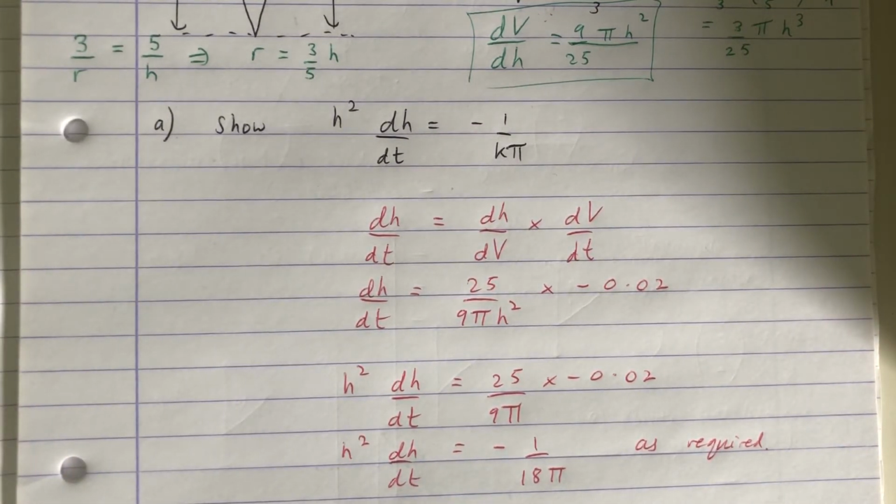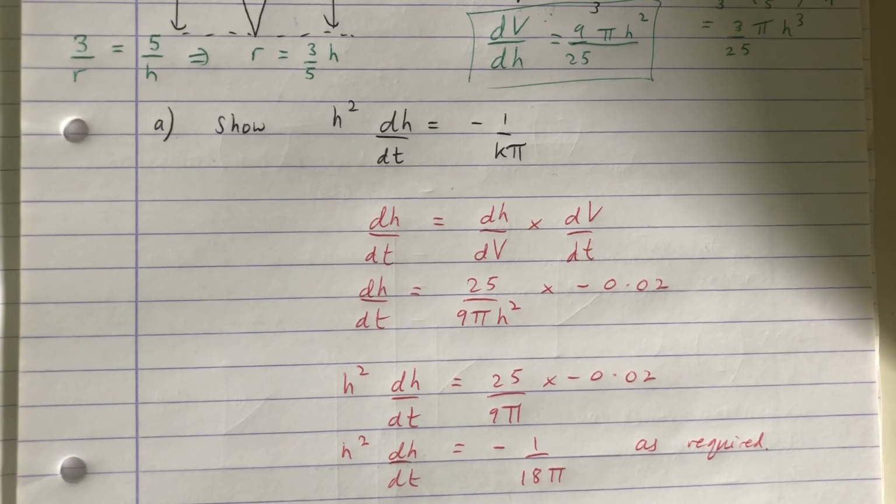Right, part B is, given that the container is initially full of water, express h in terms of t. So in other words, solve this. But they give you an initial condition.